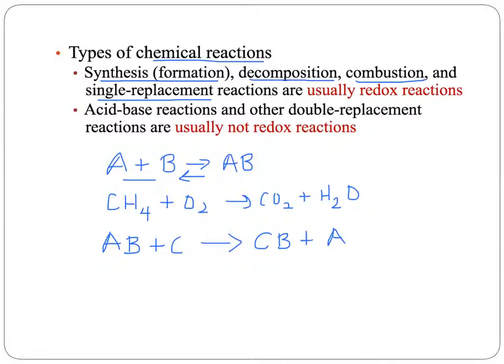So in a single replacement reaction, you can see this reactant is basically tossing the other reactant out of the compound and sliding its way in. So that's a single replacement reaction. All of these reactions usually are redox reactions. It's not a guarantee, but usually these are all reactions where electrons will be moving at least completely in an ionic compound or changing how they're being shared in a covalent compound.